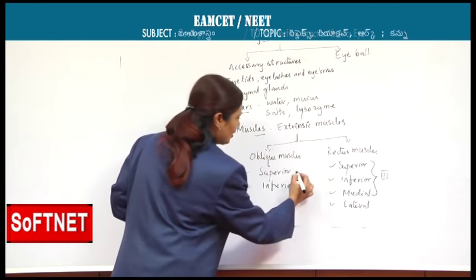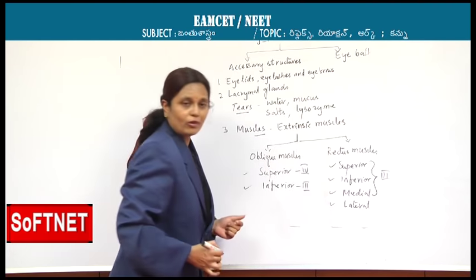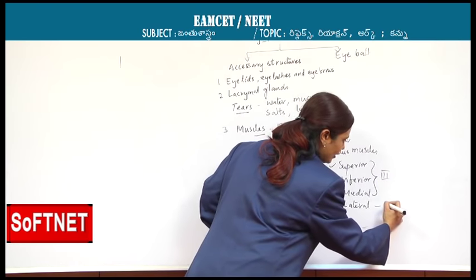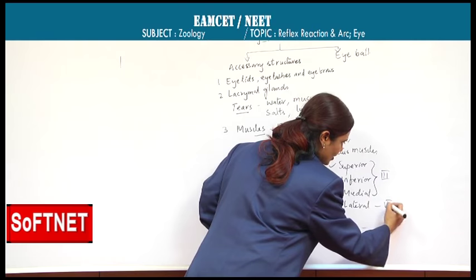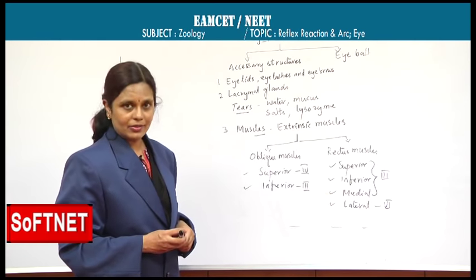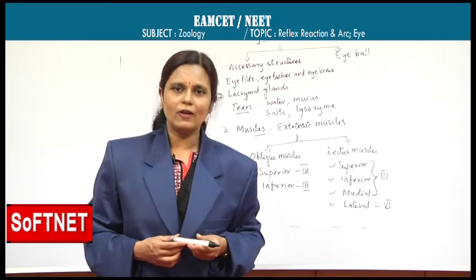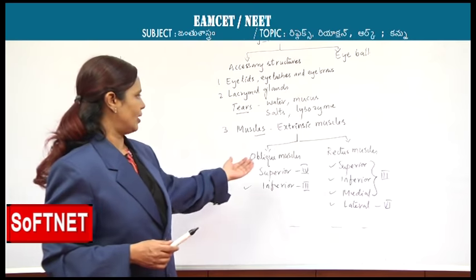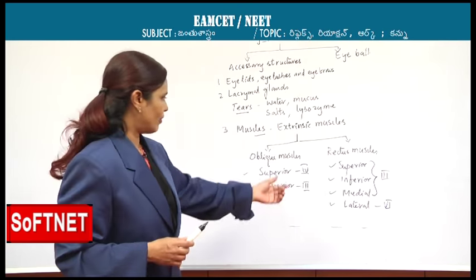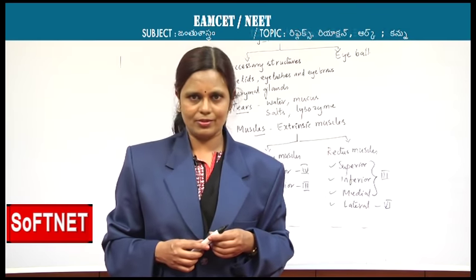Then superior oblique muscles are supplied by the fourth pair of cranial nerves, whereas lateral rectus muscles are supplied by the sixth pair of cranial nerves. You know, third pair of cranial nerves are nothing but oculomotor nerves. Then fourth pair are trochlear or pathetic nerves, whereas the sixth pair of nerves are nothing but abducens nerves.